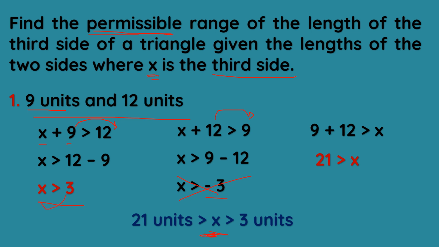This x must be greater than 3, and x must be less than 21 units. This is read as x is less than 21. So our final answer would be x must be greater than 3 units, this is based here. And x must be less than 21 units, and this is based here.